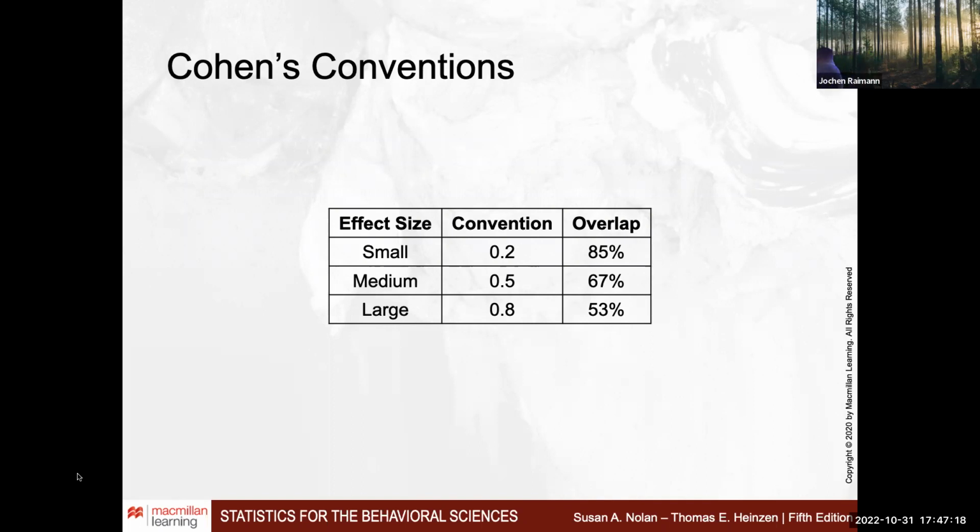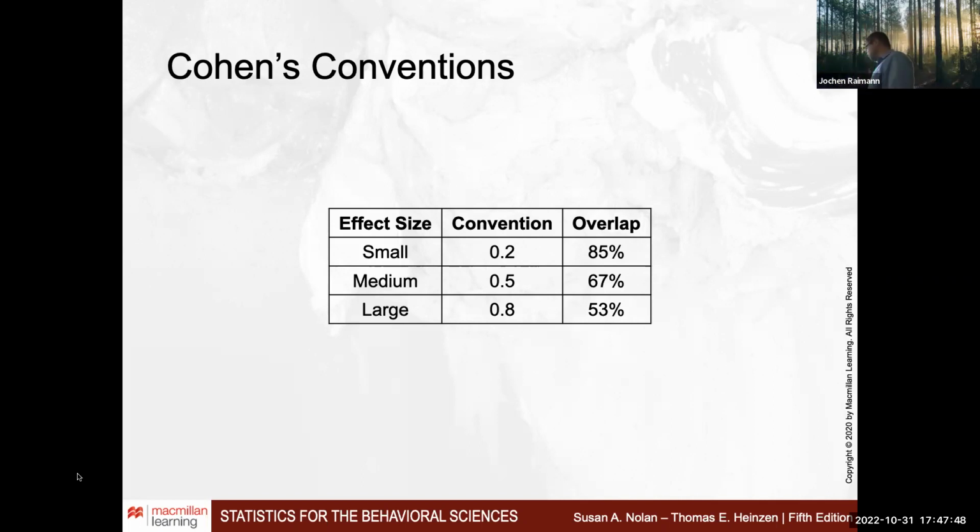You basically have three different magnitudes. You have small, which is 0.2 to 0.5, wrong, 0.2 to 0.5 is small. 0.5 to 0.8 is medium, and greater than 0.8 is large.